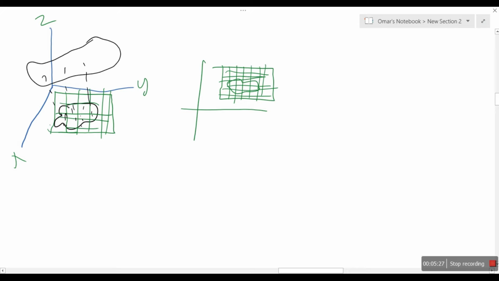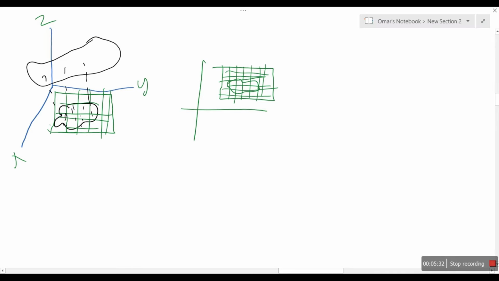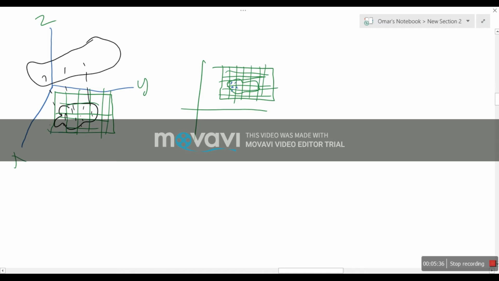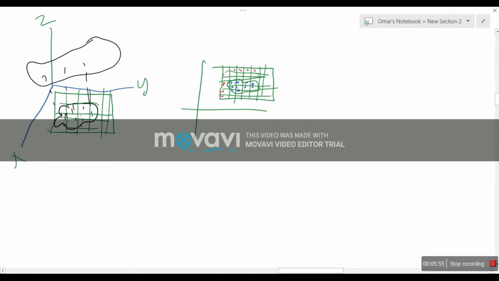What we're going to do is add those rectangles in blue, but the rectangles in red, we don't do them. Why? Because it's not our region.